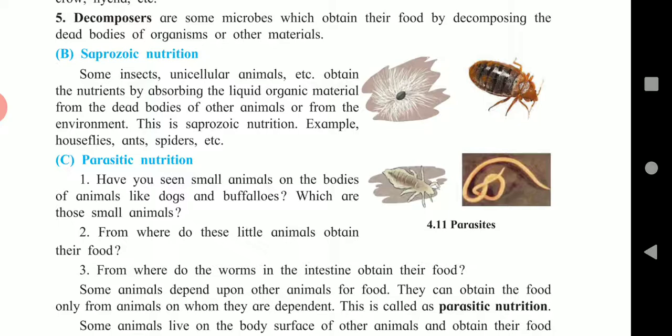Next one, parasitic nutrition. Parasitic nutrition is seen in some animals. The dependent animal is said to be a parasite, while the animal from which a parasite obtains the food is called the host animal.